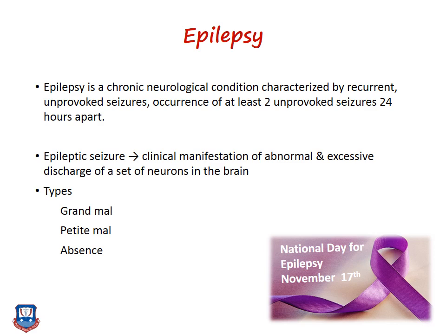Epileptic seizures are the clinical manifestation of abnormal or excessive discharge of a set of neurons in the brain. There are types of epilepsy: grand mal seen in adults, petit mal seen in children, and absent seizures.